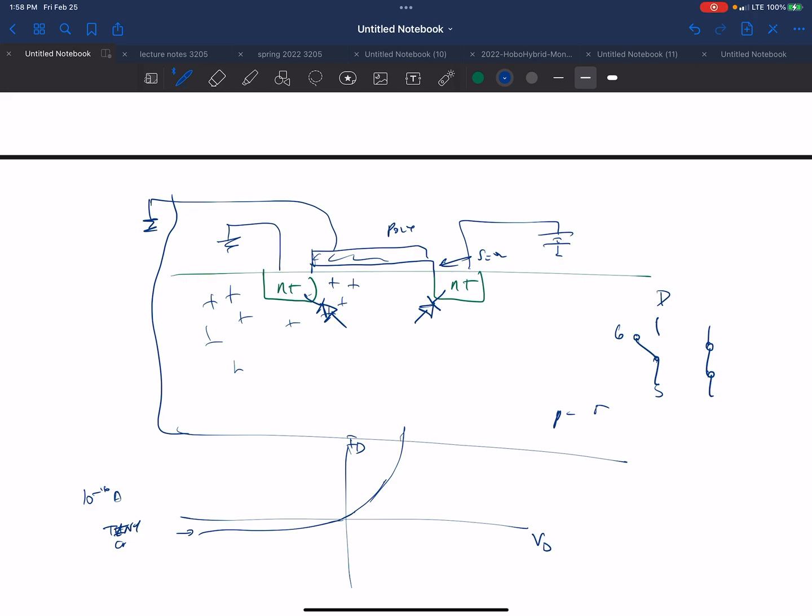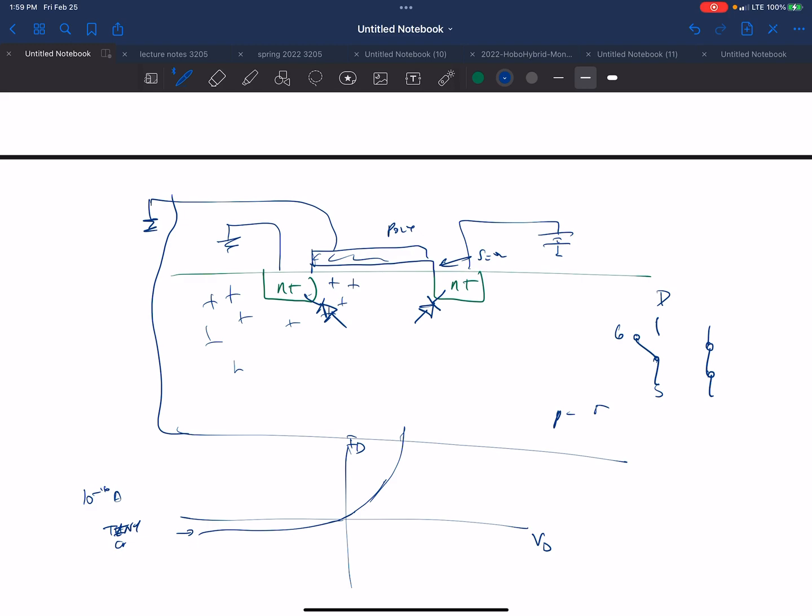Okay? So that only occurs if you put a positive voltage source on the gate. If you put a negative voltage on the gate, what would happen? It would attract holes, and it'd still be open.